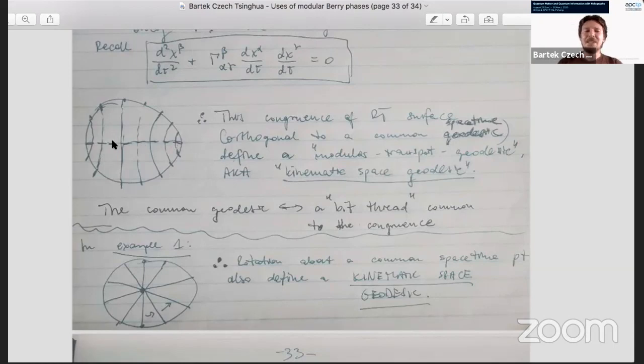What we're really seeing is that a bit thread, which is common to a bunch of RT surfaces, really is a bulk representation of a geodesic in kinematic space with respect to modular parallel transport. We can go back also to example 1, where our modular parallel transport was a rotation without slipping. In that case, what I have to do is simply continue rotating about the same point, and this also is called a geodesic. So rotation about a common spacetime point also defines a kinematic space geodesic.